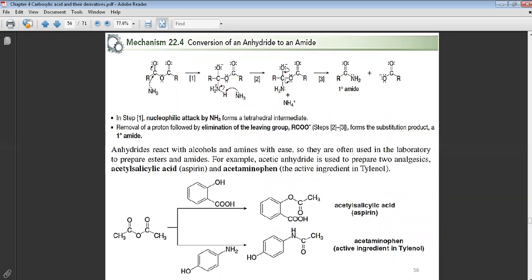Anhydrides react with alcohol. Here we have anhydride, alcohol and amine, which react easily with the anhydride. They are often used in the laboratory to prepare ester and amide.